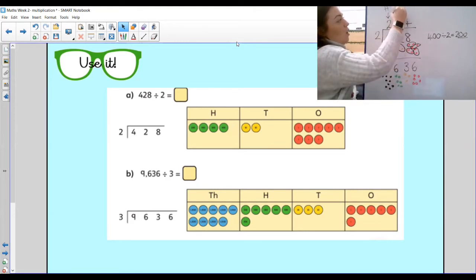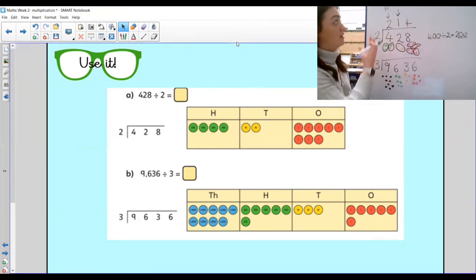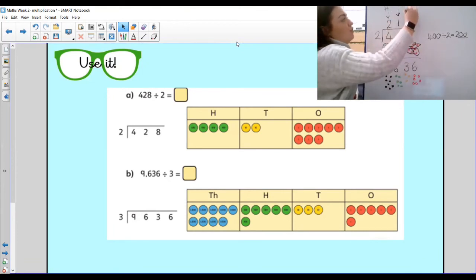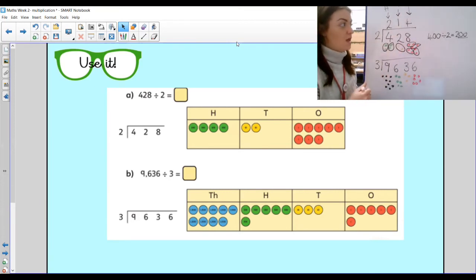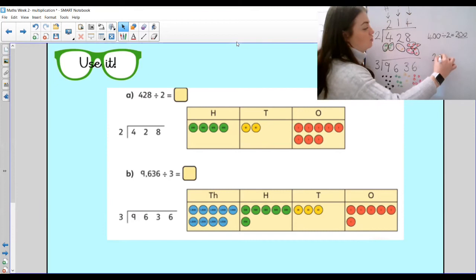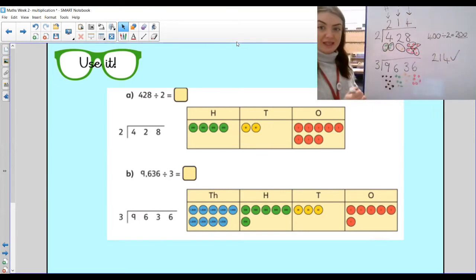I can make 1 ten, so 20 divided by 2 is 10. And 8 ones is our normal division. 8 divided by 2 is 4, which is in our ones column. So my answer to the first one is 214. Give yourself a tick if you got that right. 428 divided by 2 is 214.